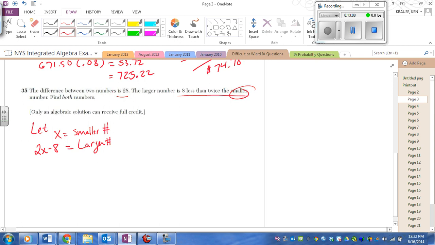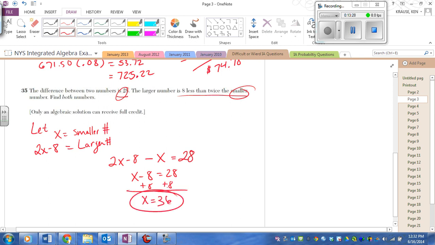So it says the difference is 28. So take the large one, and we subtract off the small one. It's got to equal 28. So that's x minus 8 equals 28.